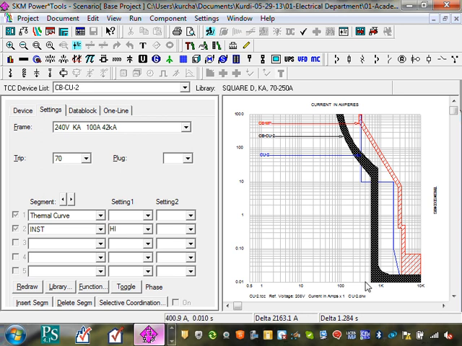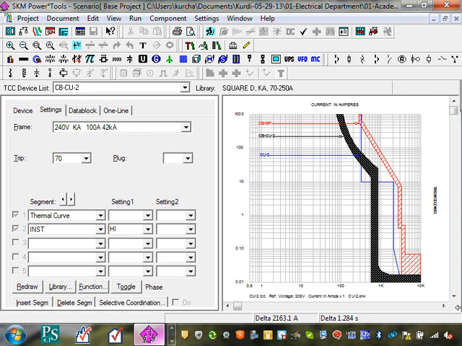If you're coming in at this value here, which looks like 400 amps, and you go all the way up to here, you're going to trip in 10, 11, 20 seconds. That's the concept of an inverse time circuit breaker.